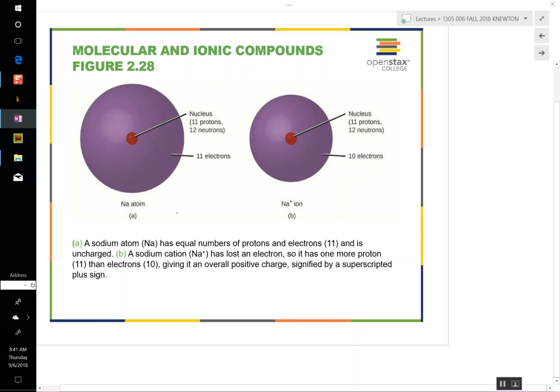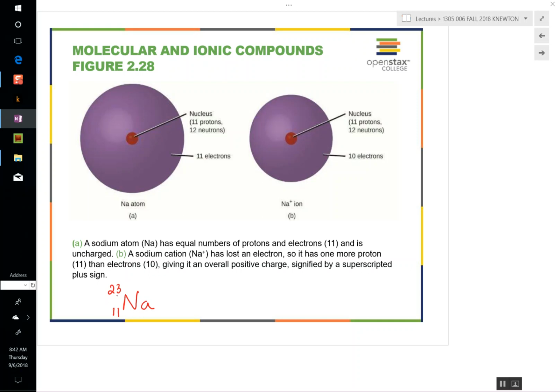Here's a sodium atom. A sodium atom has a nucleus with 11 protons and 12 neutrons and 11 electrons. So we would display it like this. That's your sodium atom.